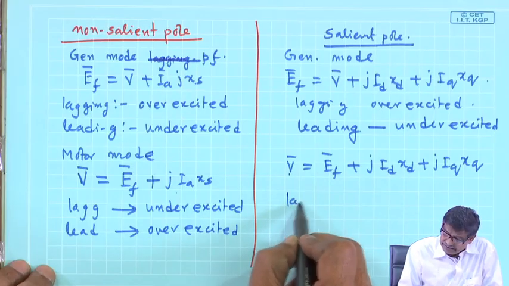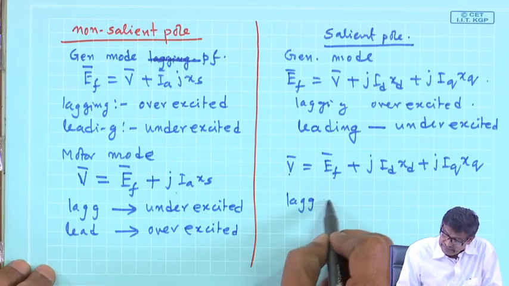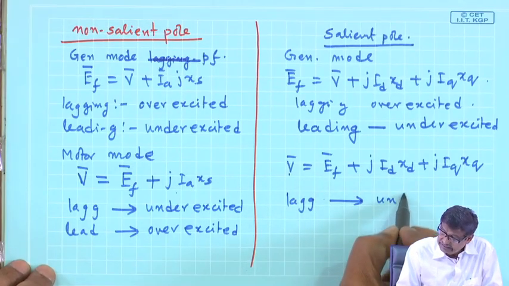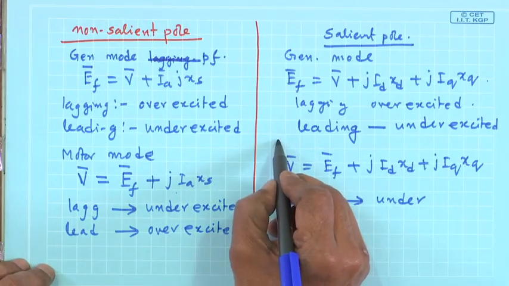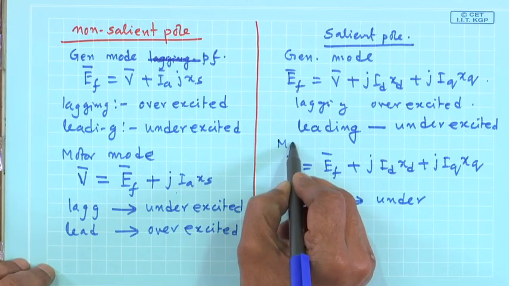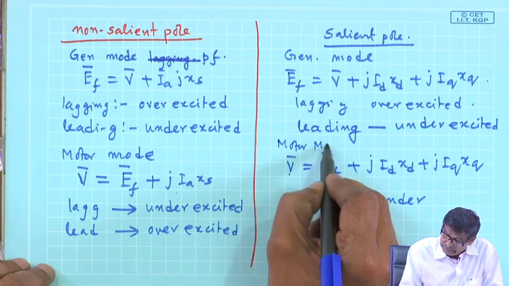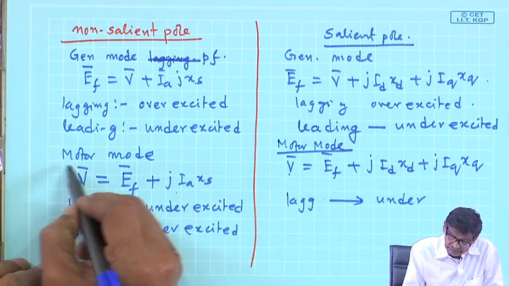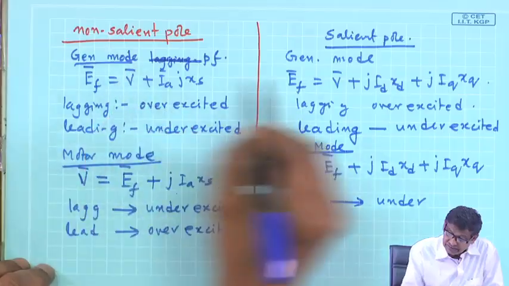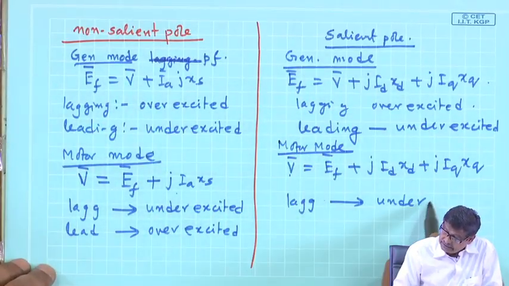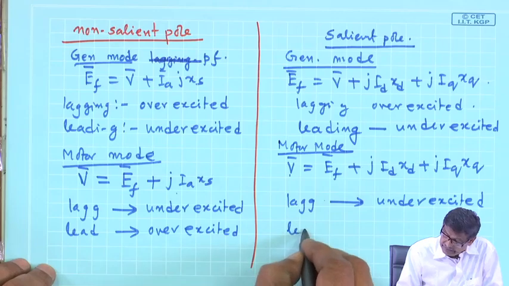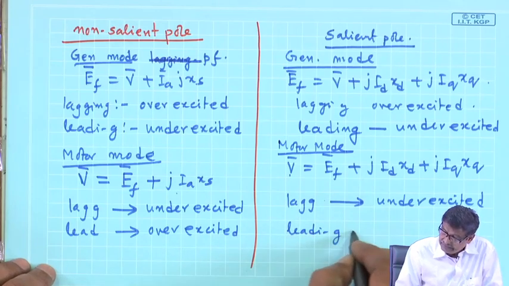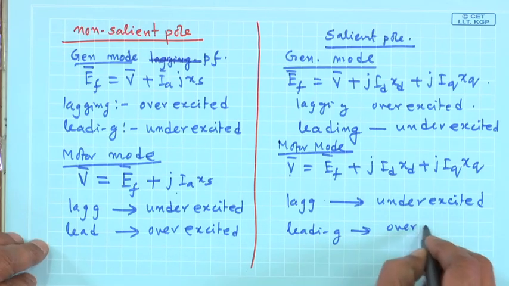Similar is the case here: lagging power factor, under excited, it is motor mode. This was generator mode. So, under excited and leading is over excited.